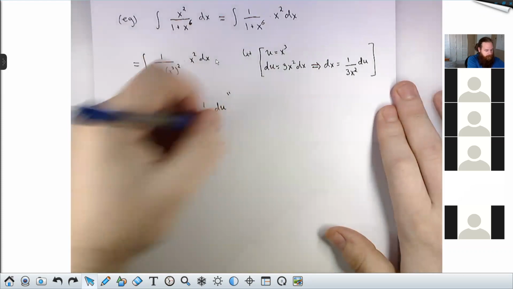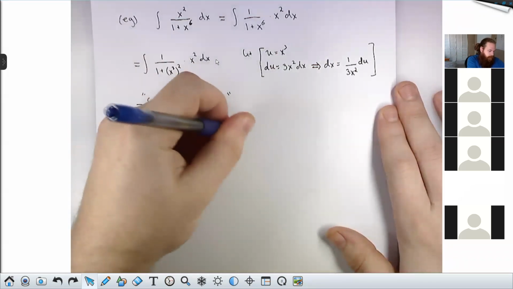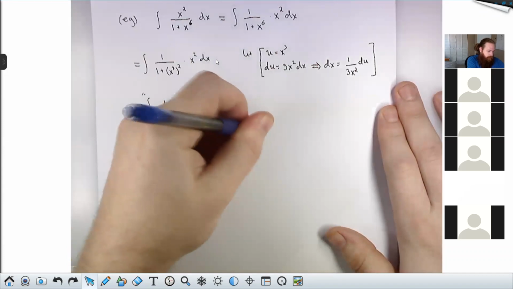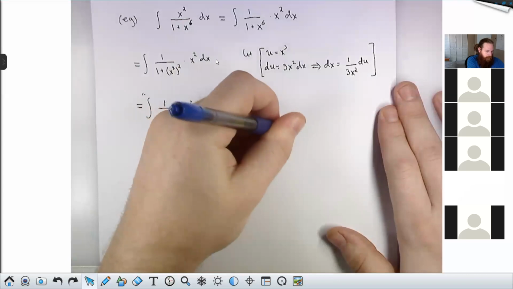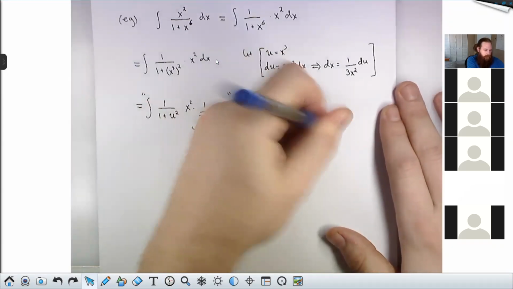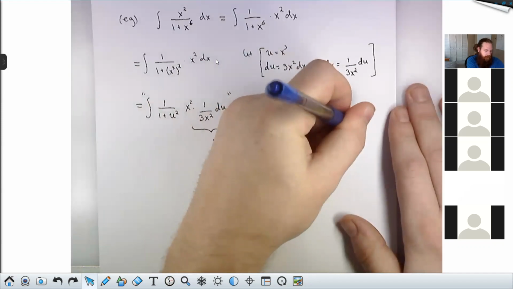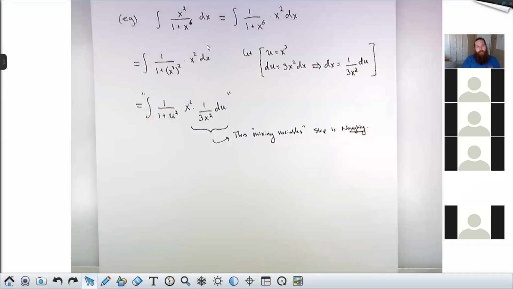This is naughty. I cannot do any integrals that have two different variables in them. So before we're able to move to an antiderivative step, we need to make sure that there aren't any more x's.